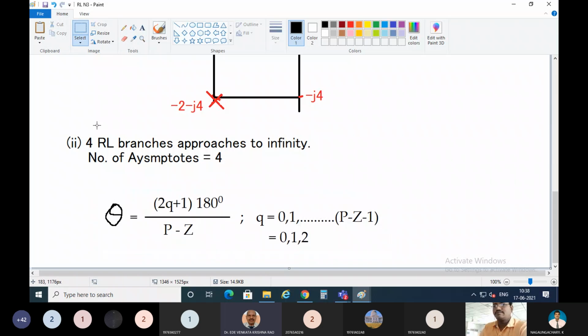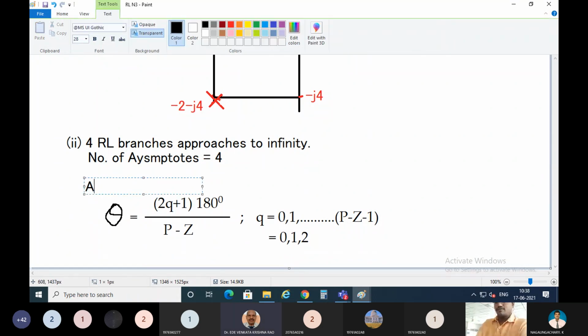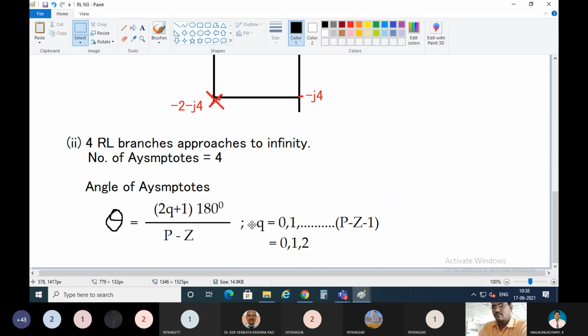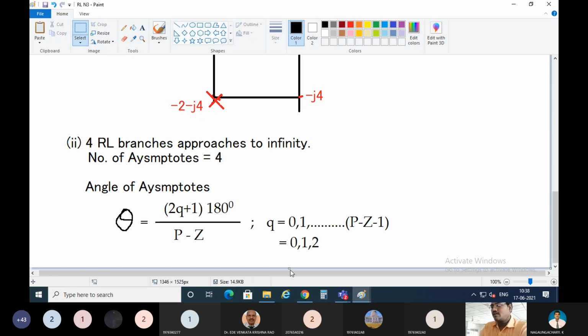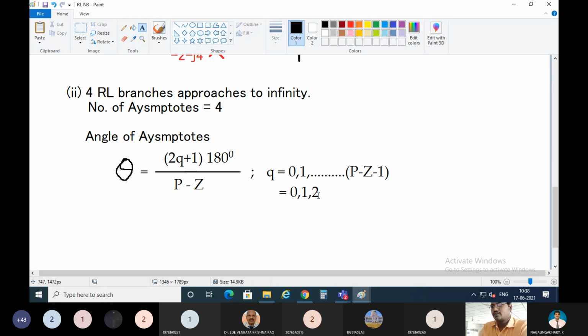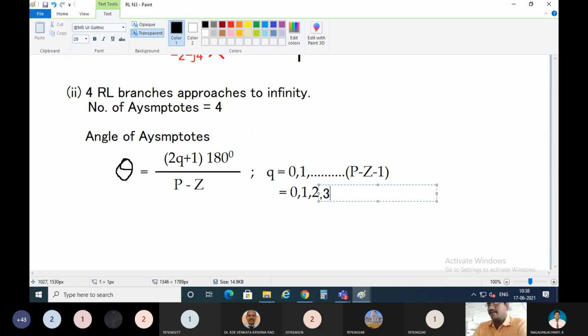So what is the Q value? P minus Z minus 1, 4 minus 0 minus 1, so 3. So Q takes the values 0, 1, 2, 3.